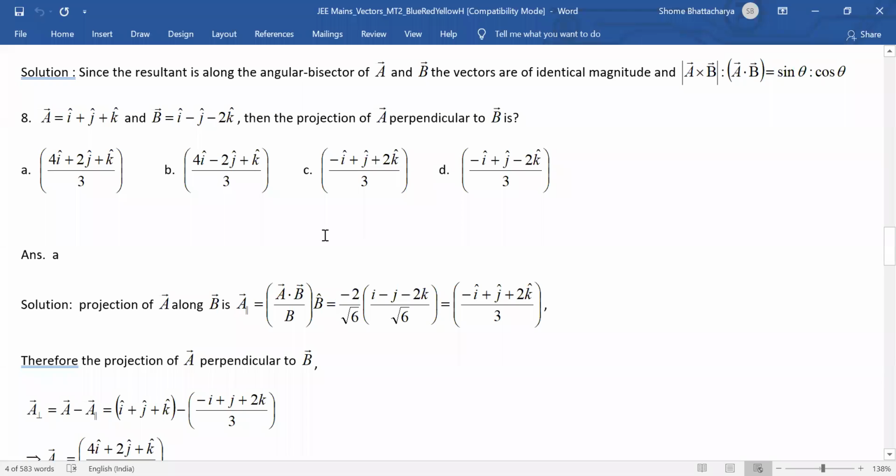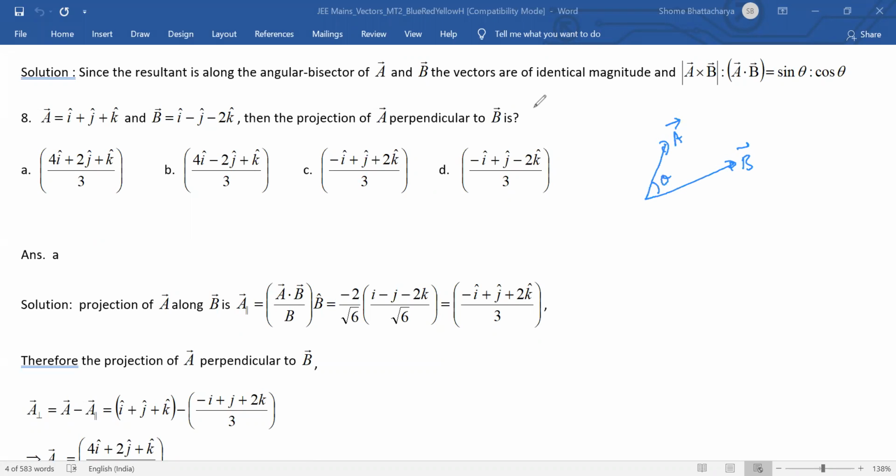Okay, so again, this is that projection thing. So how we have to do this question is that, if this is the vector B, this is the vector A, and this angle is theta.